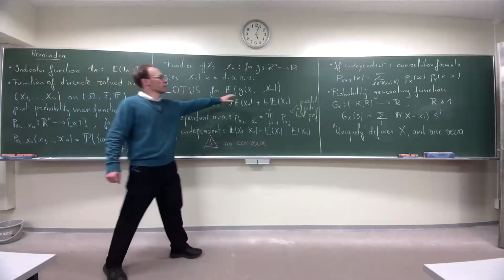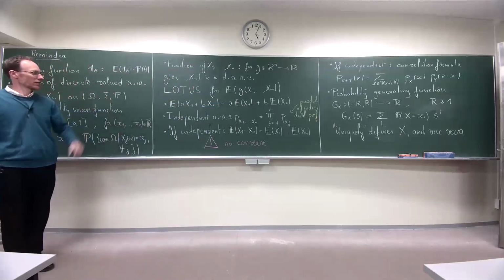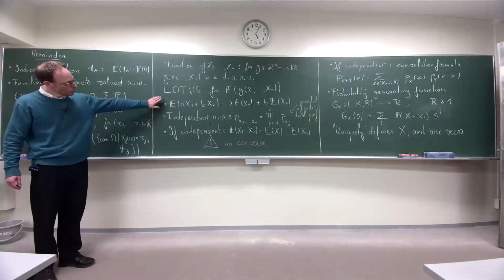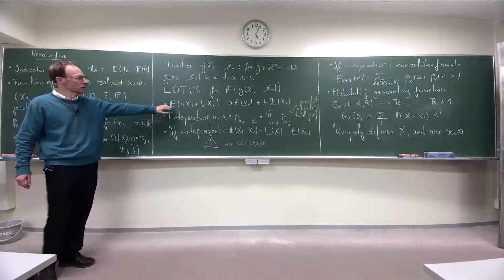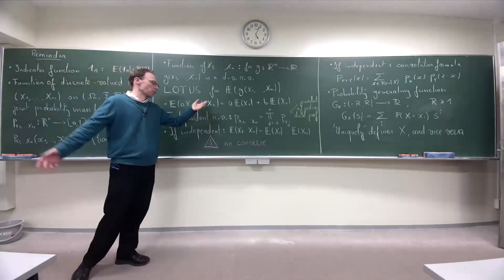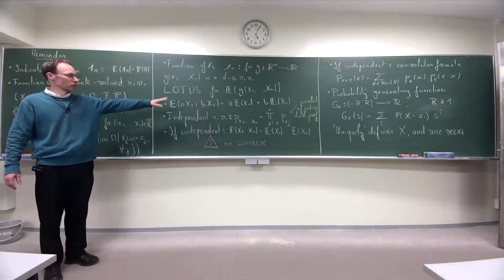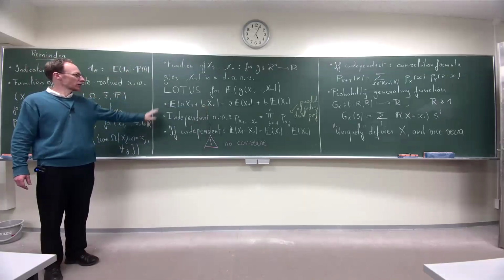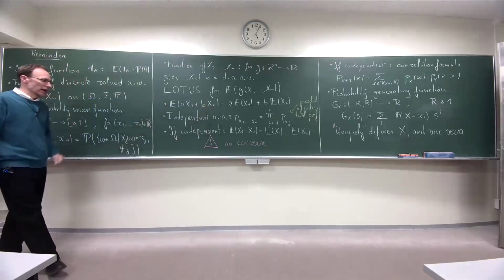You can compute its expectation with a formula which is famous. It's the LOTUS, and you can find it in the notes. A property of the expectation is also that it's linear. You don't need any condition on X1 up to, here I wrote X1 and X2, but this formula is true also if you add additional random variables. It's linear, so you have this formula.